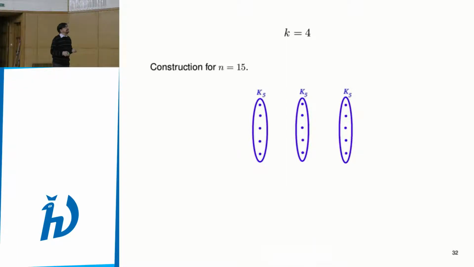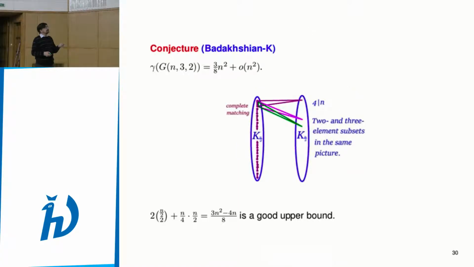So let us try to see the case k equals 4. One of the ideas applies here easily. You remember that when we took a triangle, a three-element subset, then two had to be in one class, and then it is dominated by the edge there.